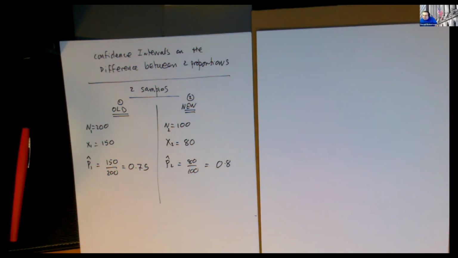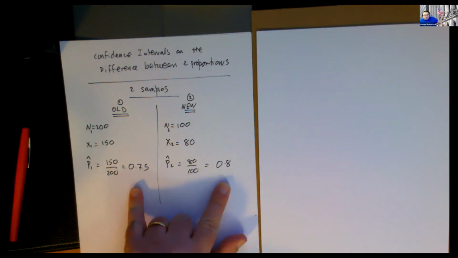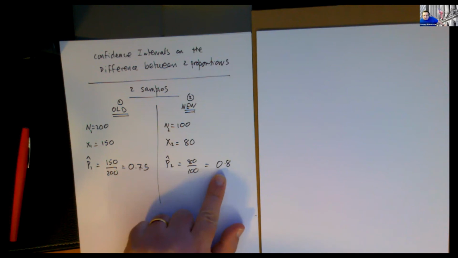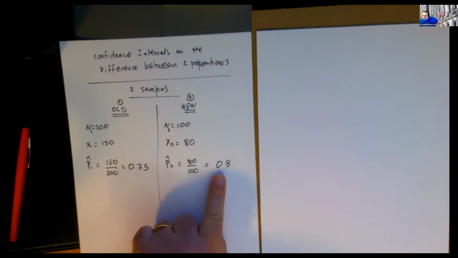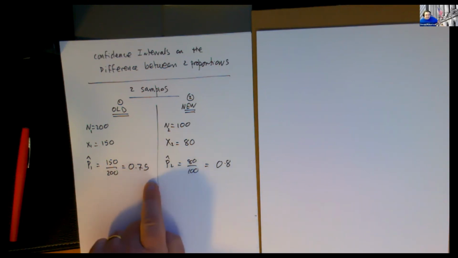Whatever it is, you've got the old drug and this new pill, and they're saying this one's much better, it does a better job, and you want to compare them. The way you do it is you compare the difference between them. Just on the raw data, it does look like the new drug is more successful: an 80% success rate on the new drug, 75% on the old drug.